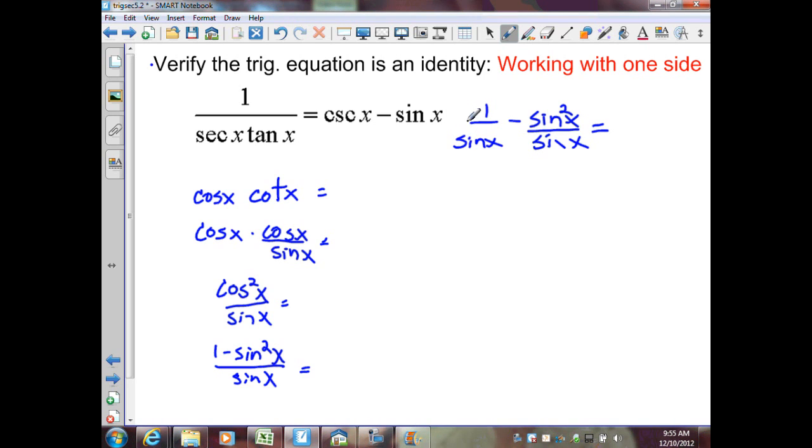Using the reciprocal identity, 1 over sine x is cosecant x, minus, simplifying, gives me just sine x in the numerator. And that gives me what I'm looking for, which is cosecant x minus sine x.